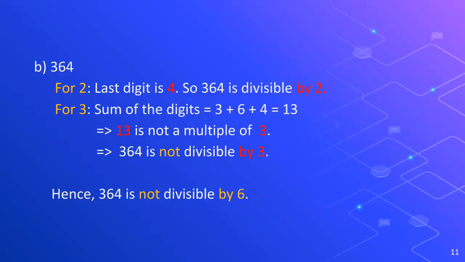So, 364 is not divisible by 3. Here, 364 is divisible by 2 but not divisible by 3. For 6, we have to satisfy both 2 and 3. So, 364 is not divisible by 6.